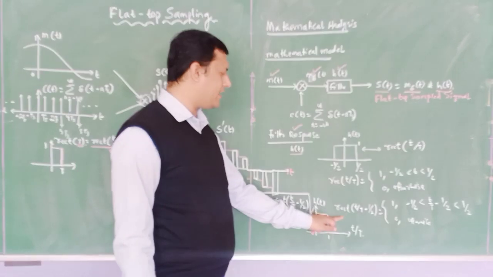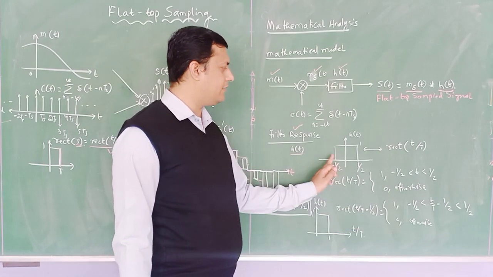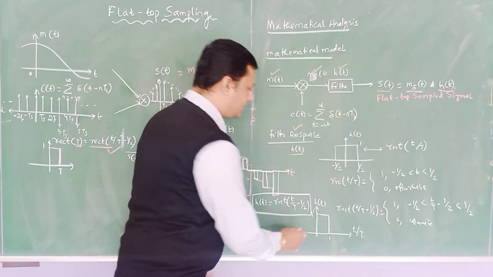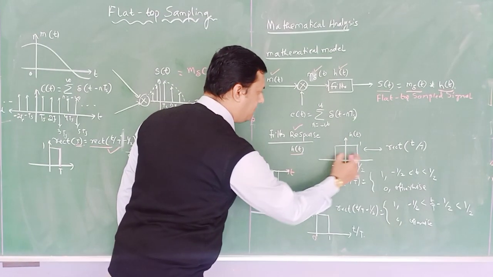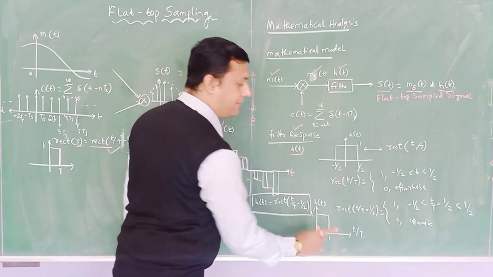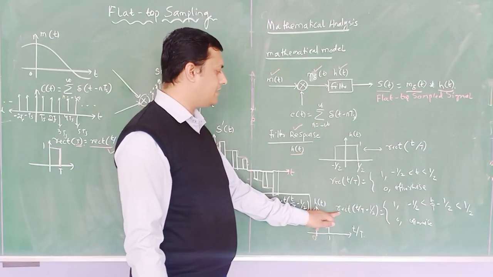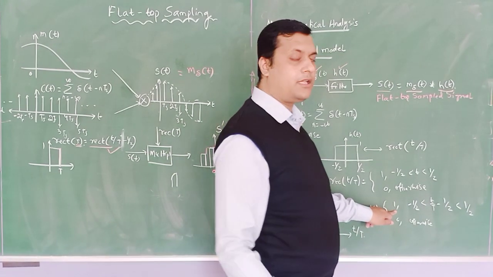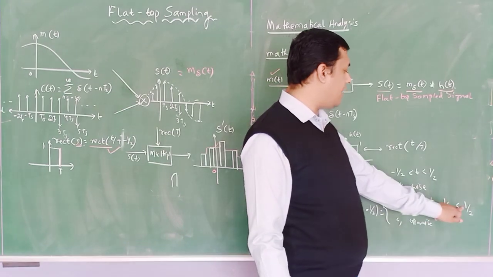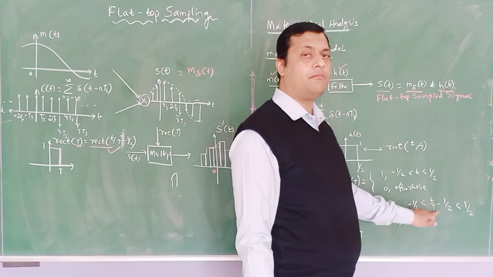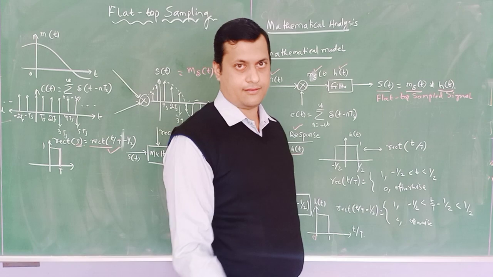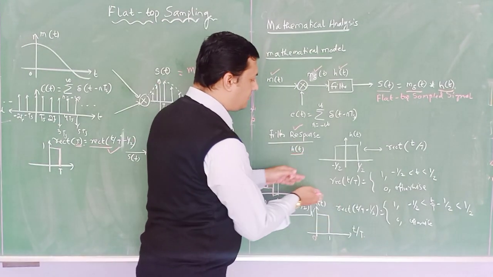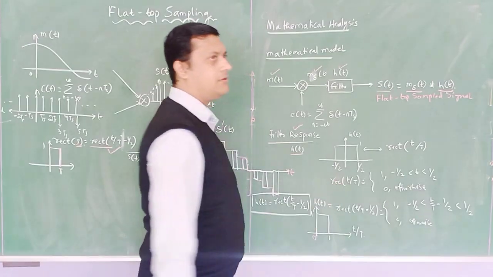If it is delayed, the resultant will look like this: amplitude is 1, the total pulse is shifted to the right-hand side, and the total time period is 1. So rect of t by T minus half is equal to 1 for the time period, but the time is now t by T minus half. Now this is my rectangular function, this is the response h of t. So h of t is equal to this.